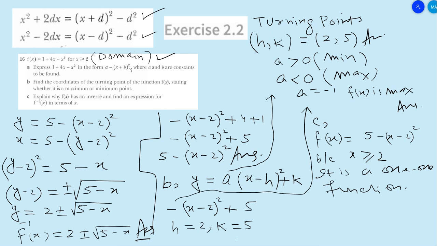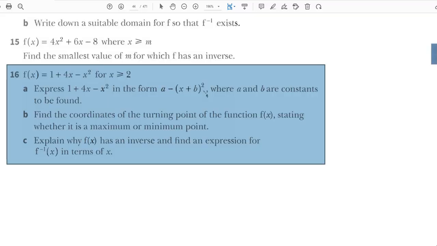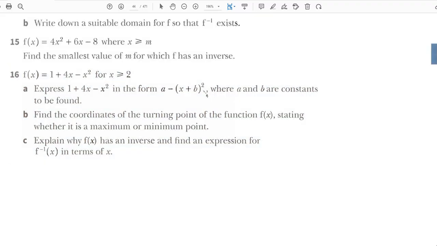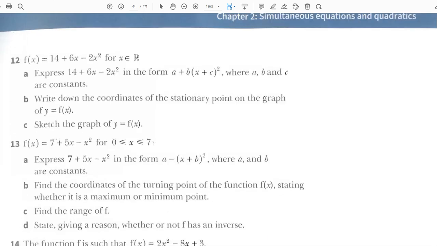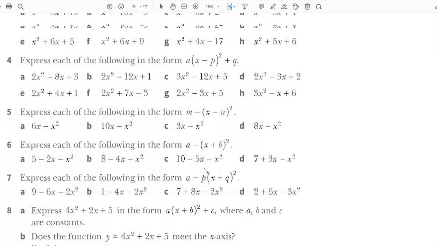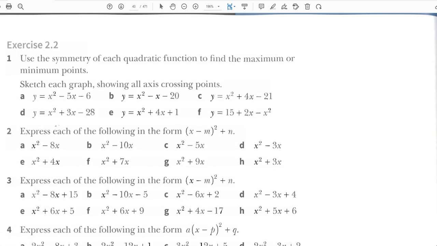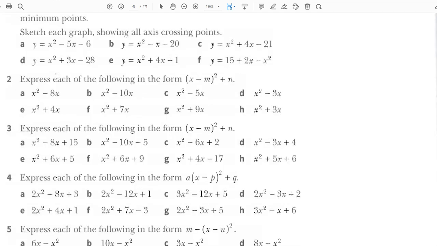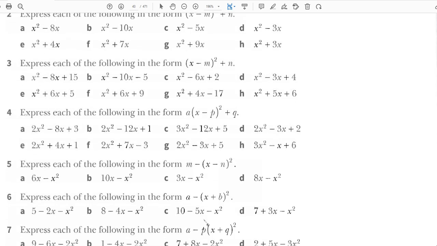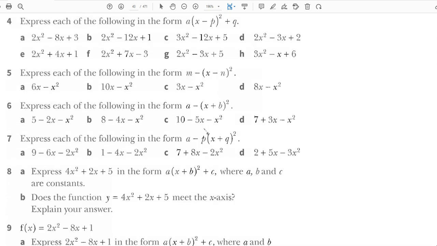So students, this is our today's class, where we have finished the whole exercise 2.2. You can see there are so many questions, total 16 questions, and each question has many parts. Like in question number 1 you can see part A to F, in 2 part A to H, 3 part A to H, 4 part A to H, so many parts.